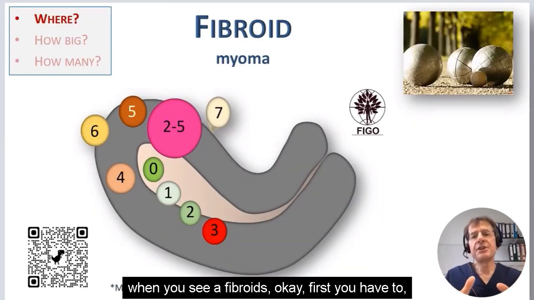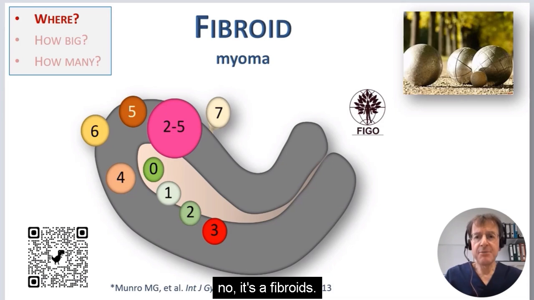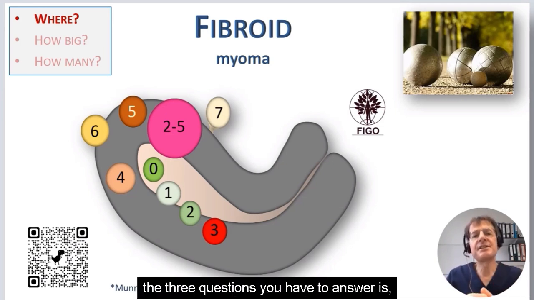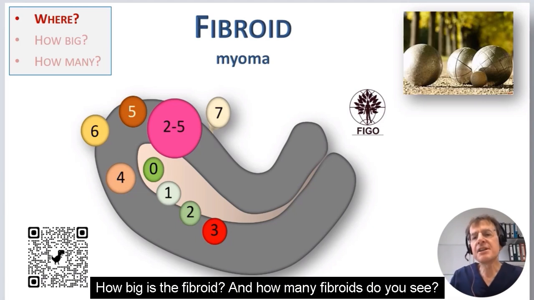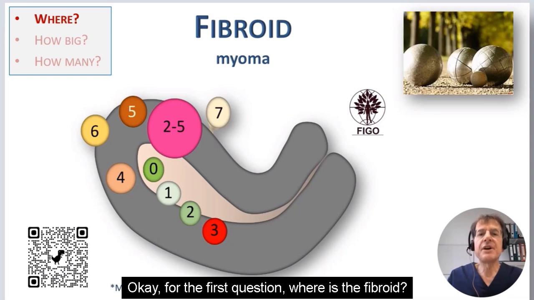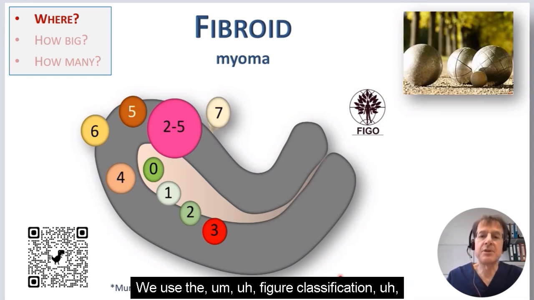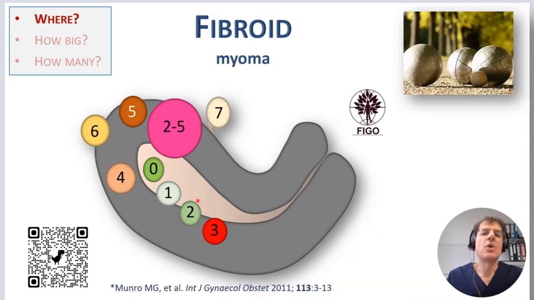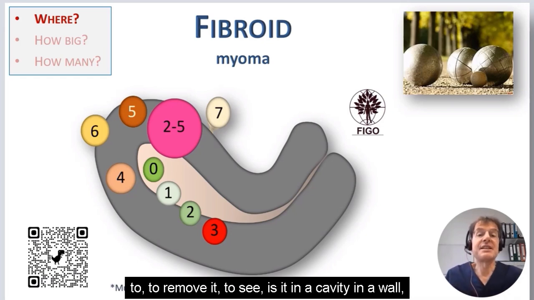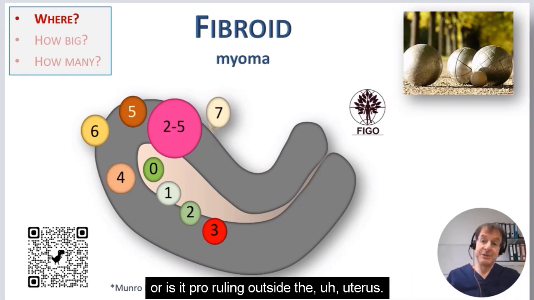When you see a fibroid, first you have to know it's a fibroid. Once you see a fibroid, the three questions you have to answer are: where is the fibroid, how big is the fibroid, and how many fibroids do you see? For the first question, where is the fibroid, we use the FIGO classification 0, 1, 2, 3 to 7, and that's important, especially if you want to remove it, to see is it in the cavity, in the wall, or is it protruding outside the uterus.